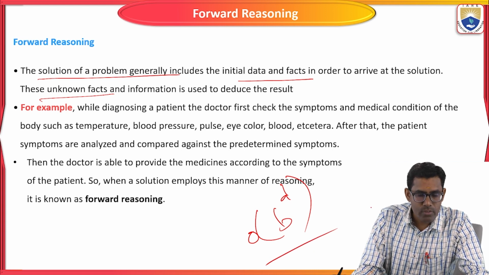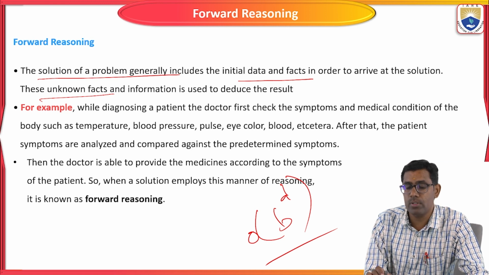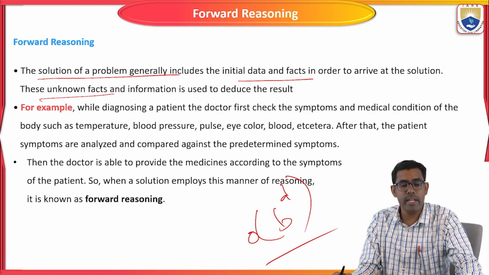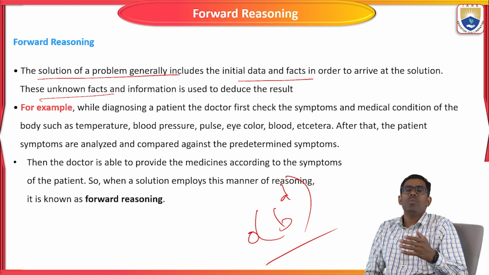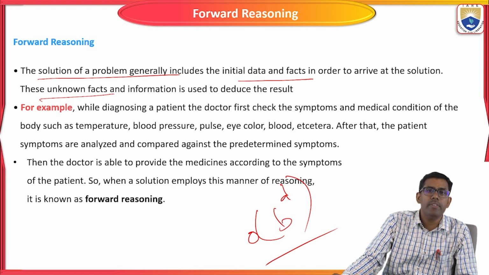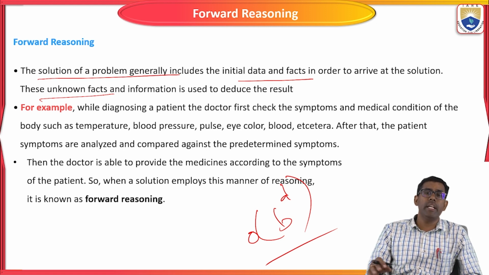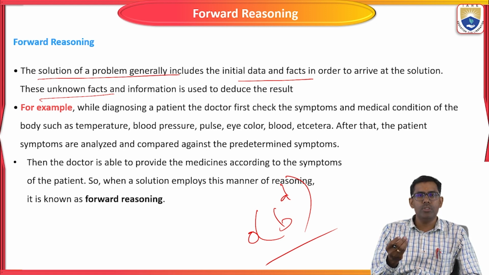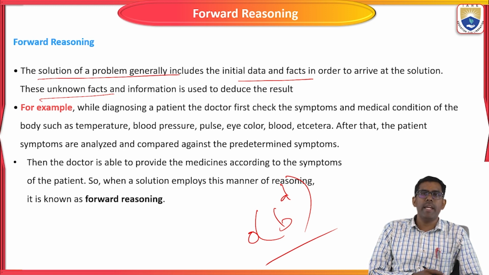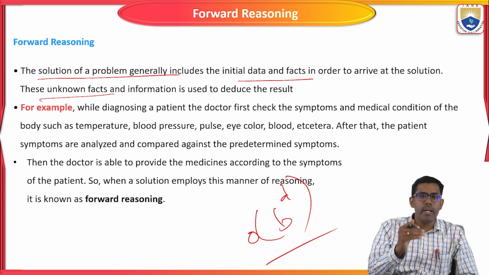For example, while diagnosing a patient, the doctor first checks the symptoms and medical condition of the body, such as temperature. If you want to know what kind of disease or illness the patient has, first we do some checking: body temperature, blood pressure, eye color, blood, etc. We have to check from that report.